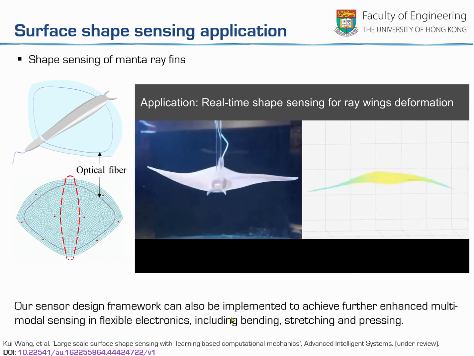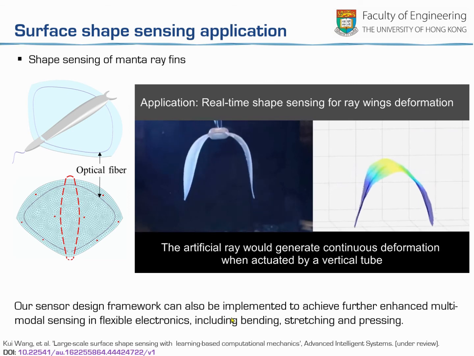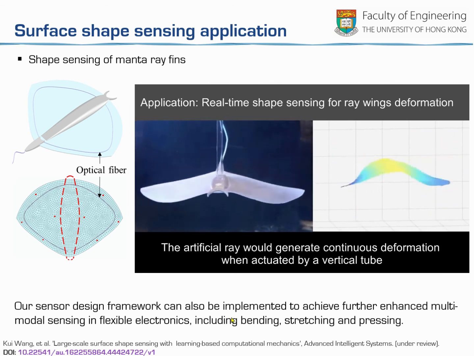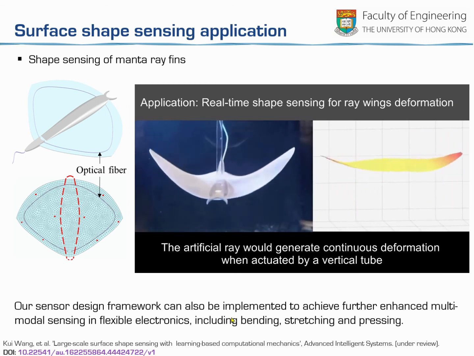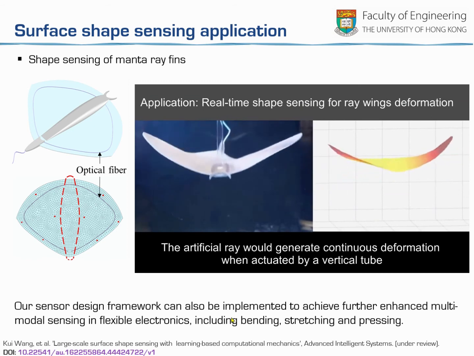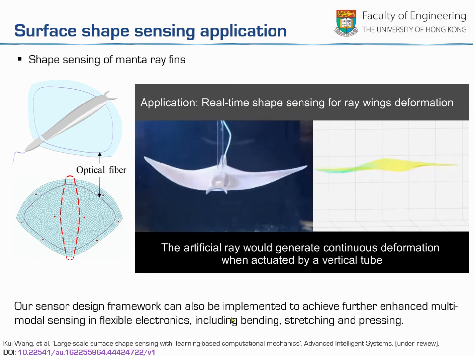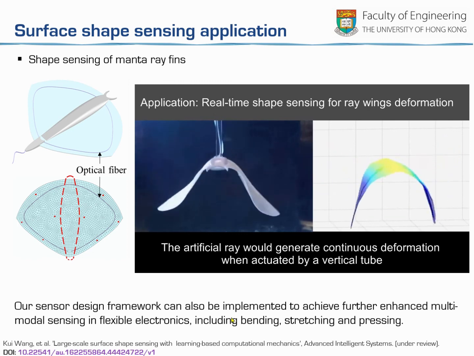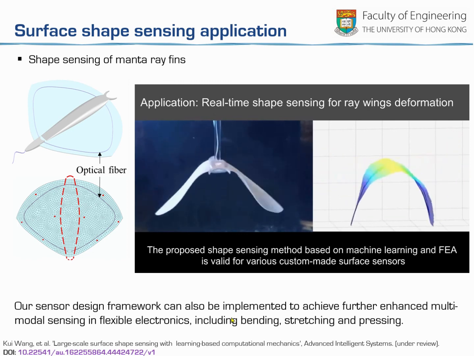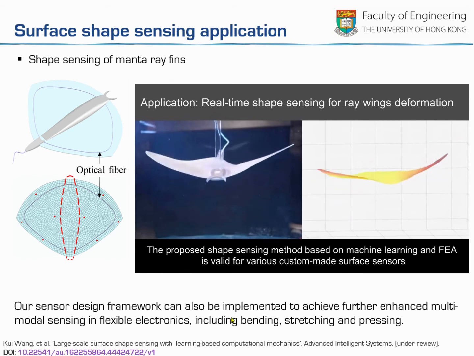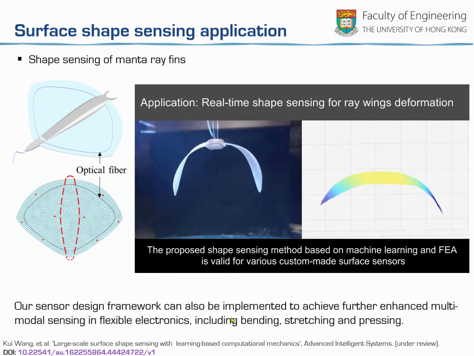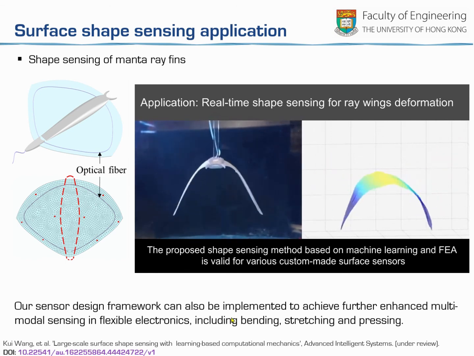This demonstration gave us confidence in the integration of computational mechanics and machine learning. And we see some opportunities in various applications, such as marine robotics or proprioceptive wearables, which will envision great changes in intelligent sensing.